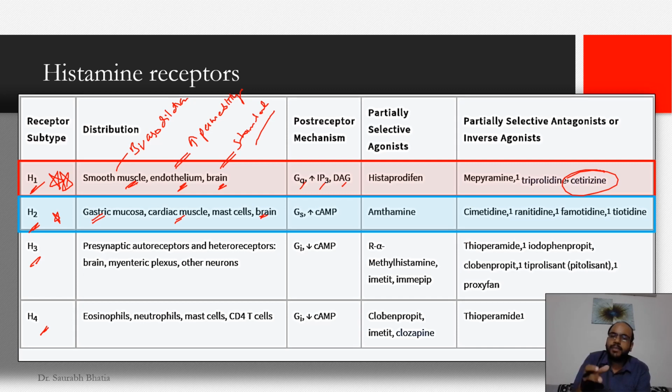There's a little bit of action on H3 and H4 also, but majorly it's H1. So because of the presence of H2 receptor on the cardiac muscle, you have side effects like QTc prolongation, arrhythmias, which has been documented, or let's say it is mentioned in theory that these kind of side effects occur because of antihistamine, and that is because of the action on H2 receptors. Okay, so let's move forward.